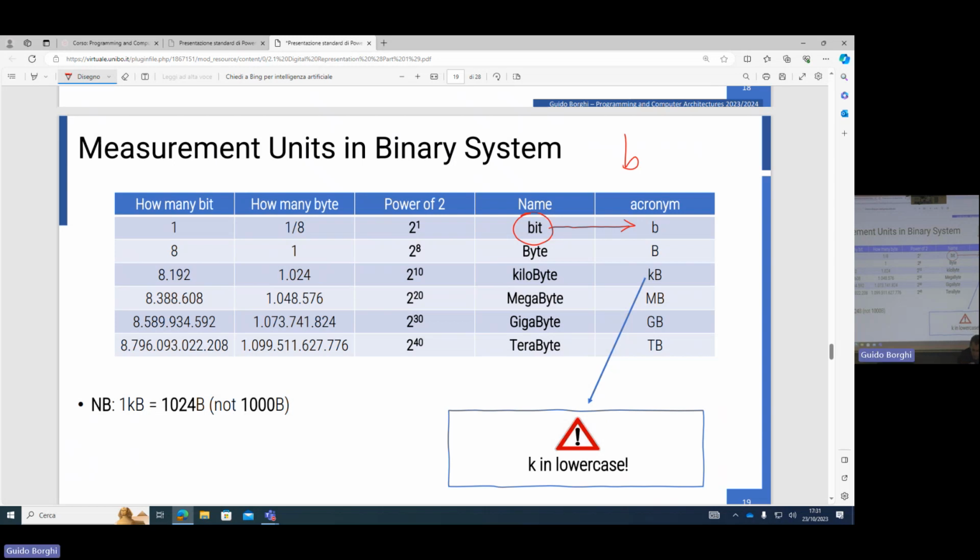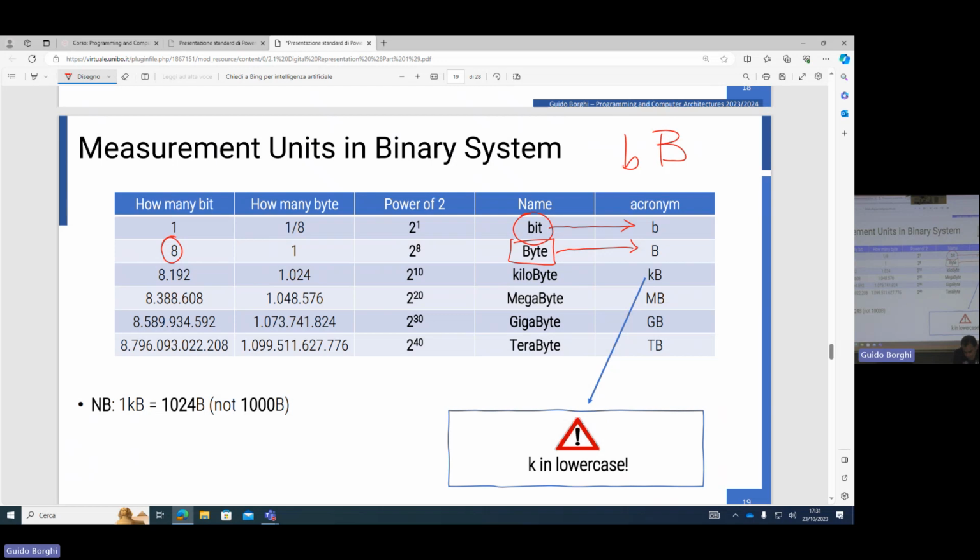Then we have bytes, a set of 8 different bits. We express byte with the uppercase B. It's very important, remember. So if you use the letter B, I mean byte. How many bits do we have in 1 byte? 8. How many bytes? 1. Okay.